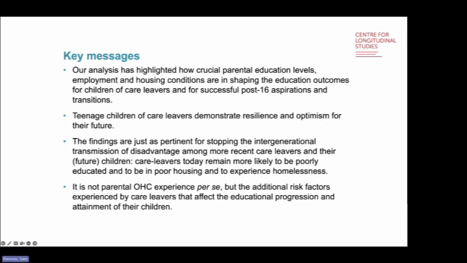Although the parents with care experience in this research experience care systems and policies from the 1950s to the 2000s, the findings are just as pertinent for stopping the intergenerational transmission of disadvantage amongst more recent care leavers and their future children, as care leavers today remain more likely to be poorly educated and to be in poor housing.